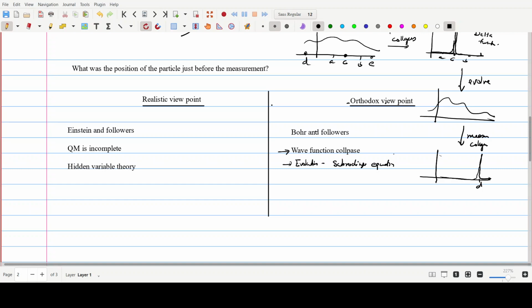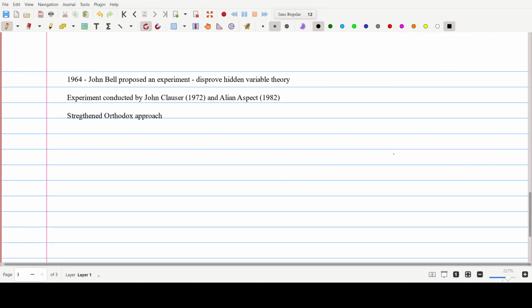We said that the orthodox viewpoint is more correct, and it has more followers than the realistic viewpoint. The hidden variable theory is experimentally wrong now. There is no experimental background for the realistic viewpoint, and the orthodox viewpoint is now supported by the experiment introduced by John Bell.